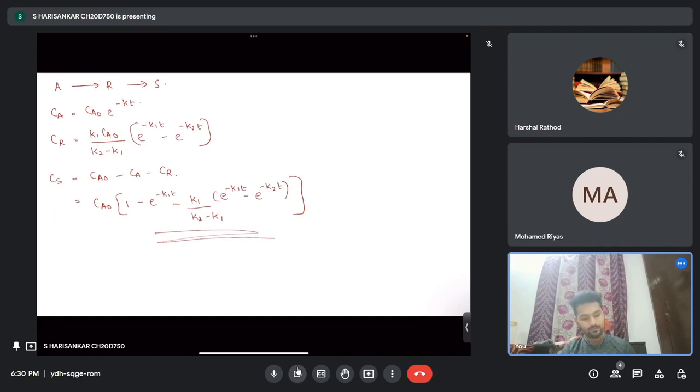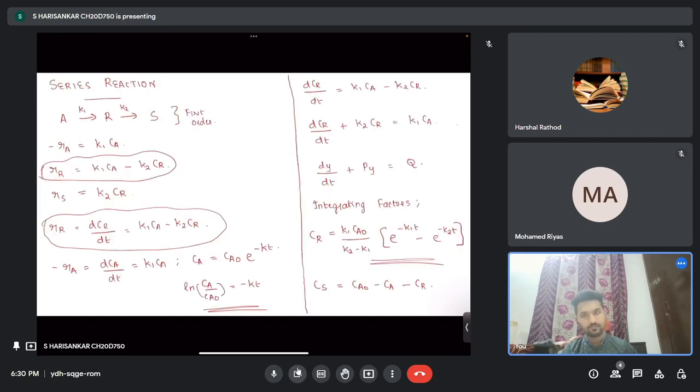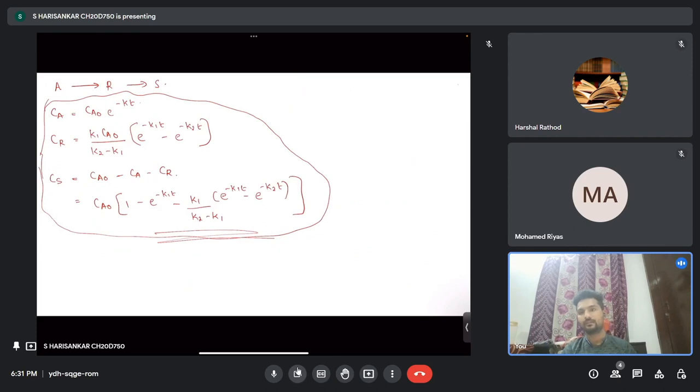So these three terms we found by integrating one of the rate equations. We integrated this second equation, the rate of R, and we found the concentrations of the reactant as well as the products, or basically the concentrations of A, R, and S.